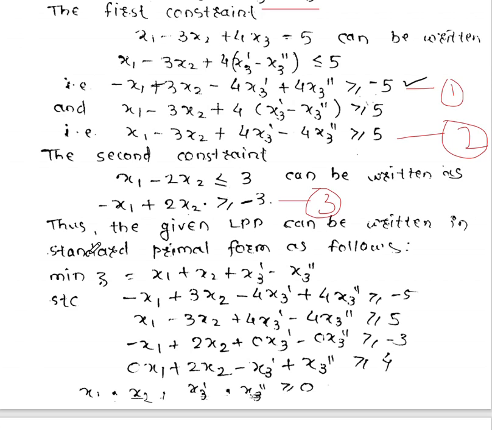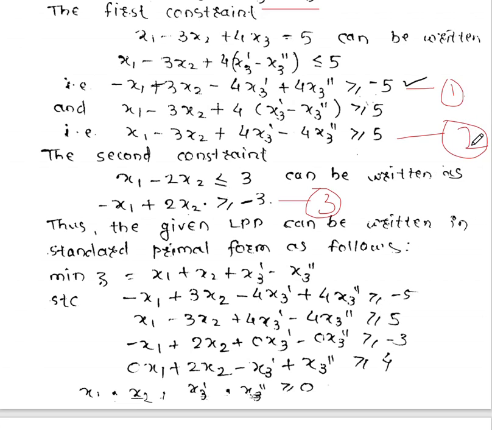Thus the given LPP can be written in primal standard form as follows. Minimize z = x1 + x2 + x3' - x3'', subject to the constraints, taking all the greater than or equal to equations: -x1 + 3x2 - 4x3' + 4x3'' ≥ -5, that is the first equation.